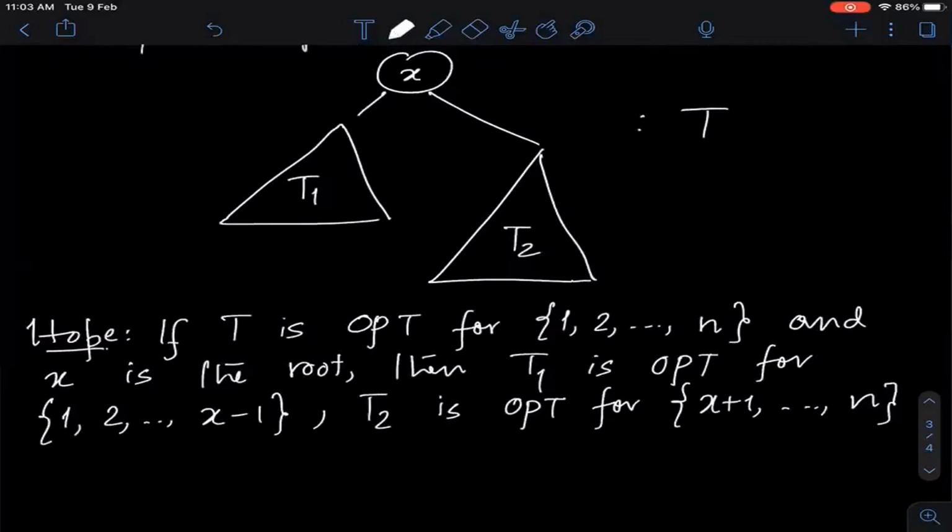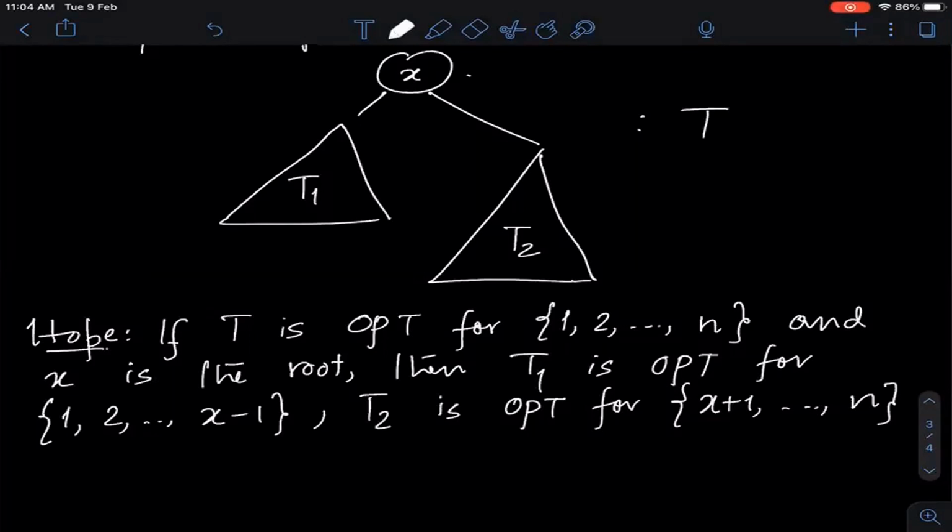Okay. So remember, I'm not building the trees T1, T2 or anything. I'm not even doing a construction now. I'm just claiming a substructure property of the optimal solution. I'm looking at the optimal solution for the entire set of keys, which is the tree T. And now I tell you that X is the root, then I'm just looking at the left subtree of X and the right subtree of X. And I'm hoping that T1 is actually going to be the optimal solution for all the keys that are sitting on the left of X, and T2 is going to be the optimal for all the keys that are sitting on the right.